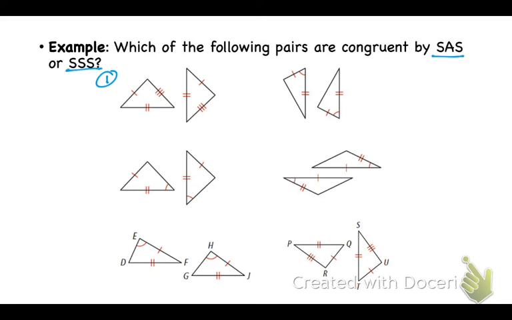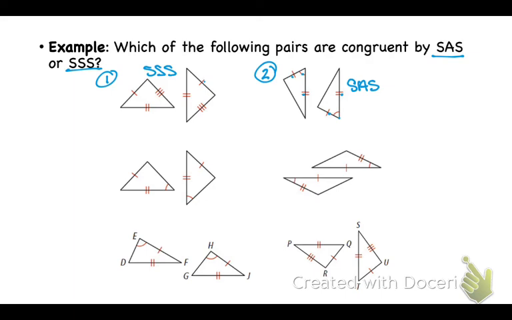Yes, they are. Side, side, side. So yes, side, side, side. Okay, so number 2. Side, angle, side. Now watch me do this to make sure you have it. Side, angle, side. So yes, side, angle, side.